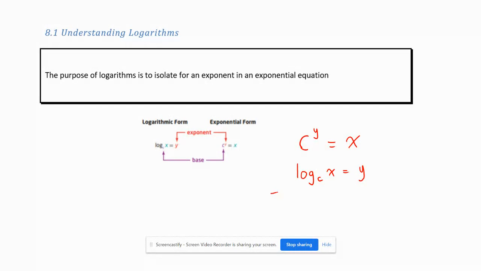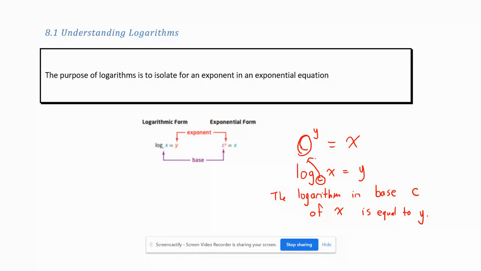So I'm going to write out how we should read this. Again, log base c of x equals y means that this base here is the same as this base here in the exponential equation.